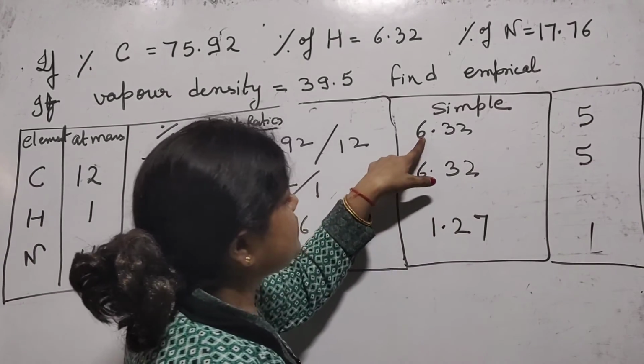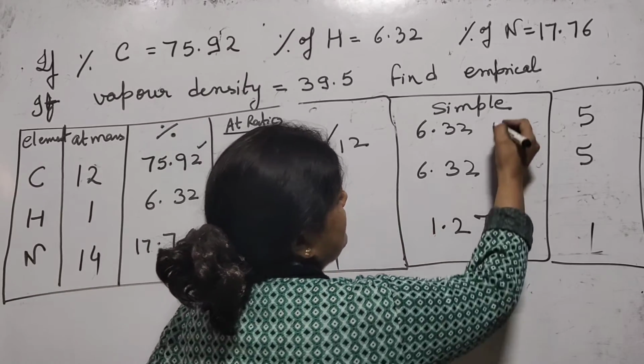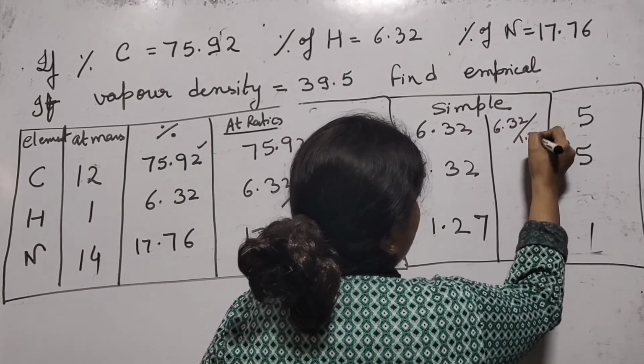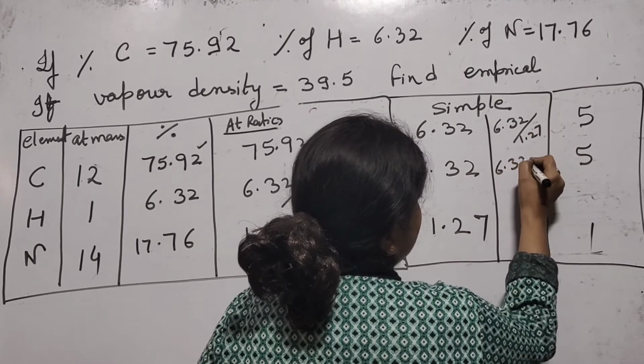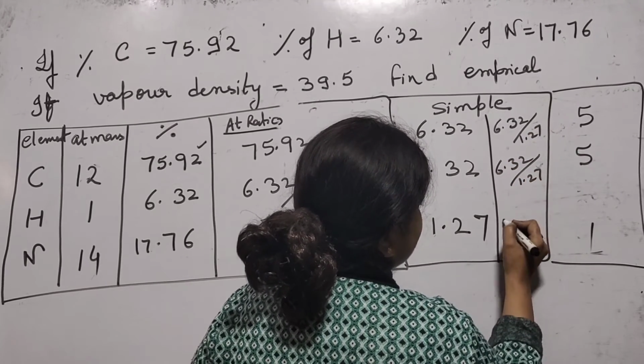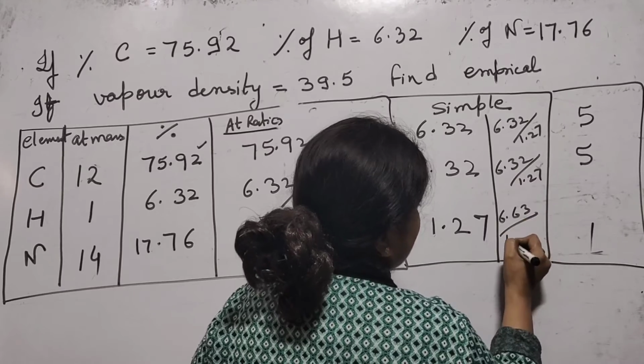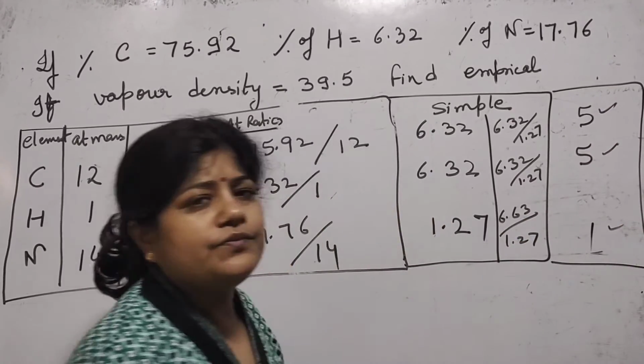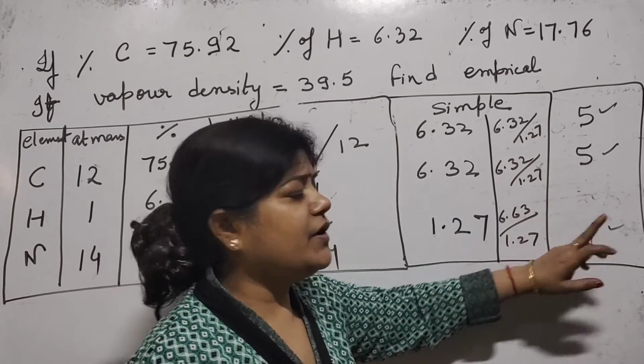That means we divide 6.32 with 1.27. One more column, 6.32 divided by 1.27, in order to get the simplest ratio. And we here got 5, 5, 1.